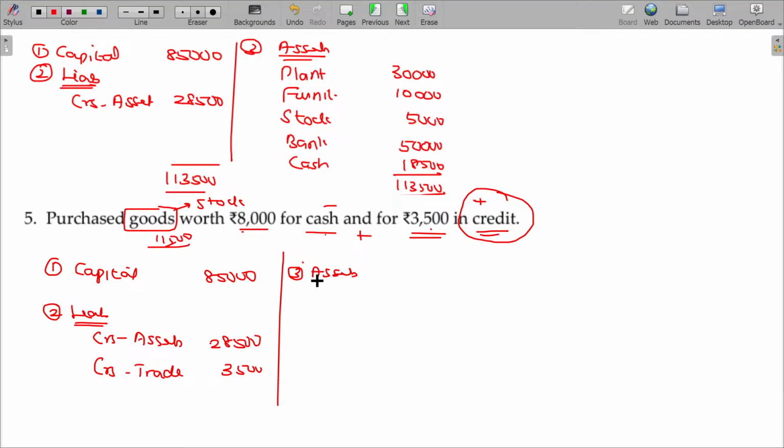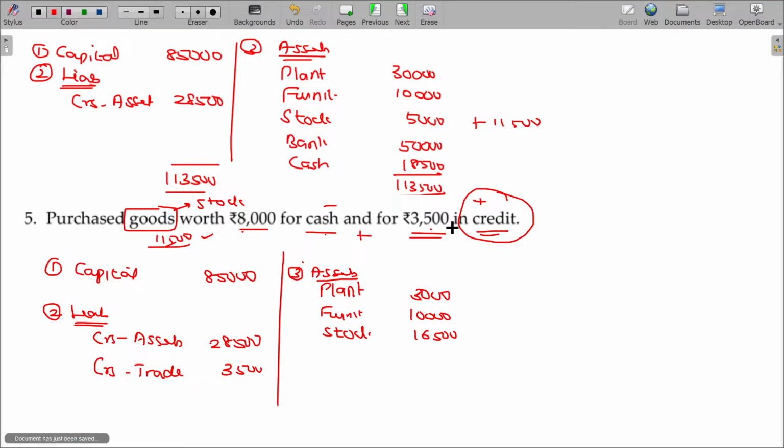we have plant remaining undisturbed, furniture remaining undisturbed, and stock. What happens in the case of stock? 11,500 will be added to the previous stock. So 5,000 plus 11,500, 16,500 is the new stock.